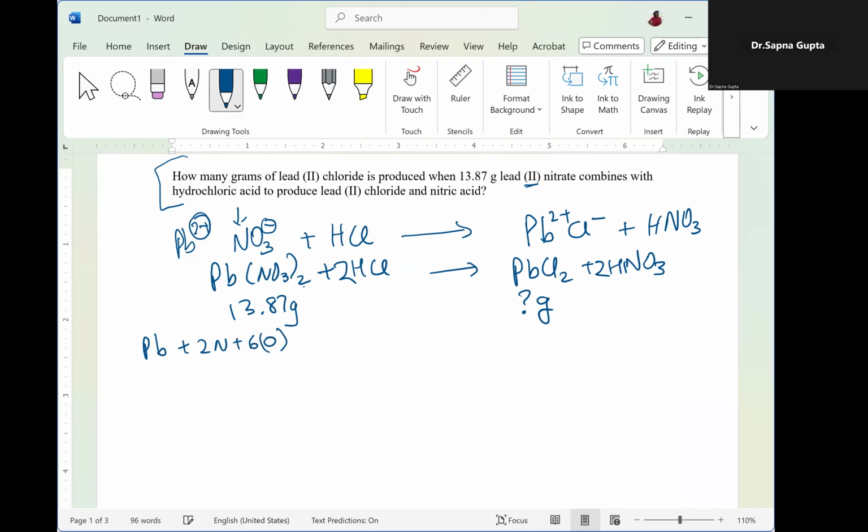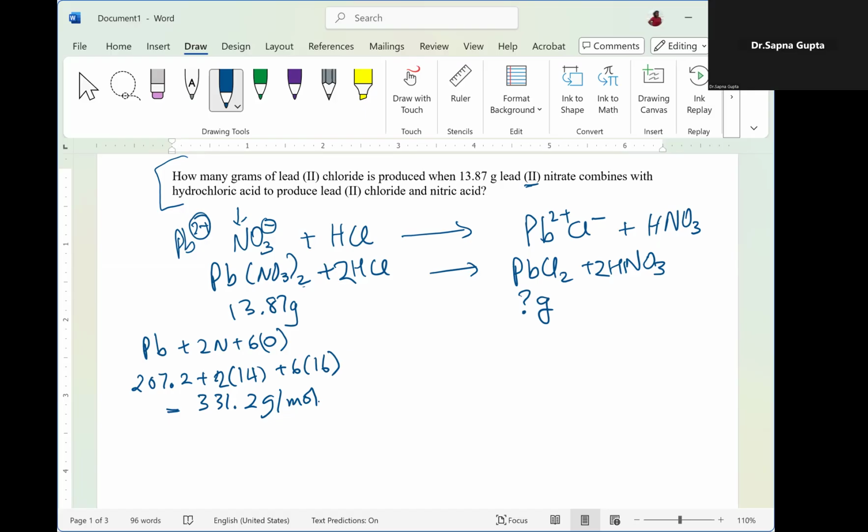So I'm going to go ahead and find the masses from the periodic table, 207.2 plus 2 times 14 plus 6 times 16. That should be our molecular weight for lead nitrate, and this gives me 331.2 grams per mole. And then for lead-2 chloride, since I need the grams of this, I need the molecular weight for this as well.